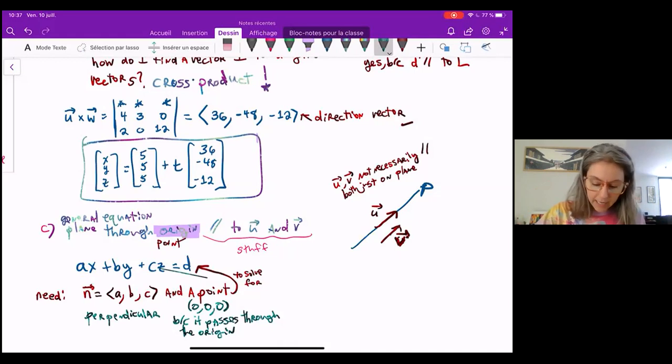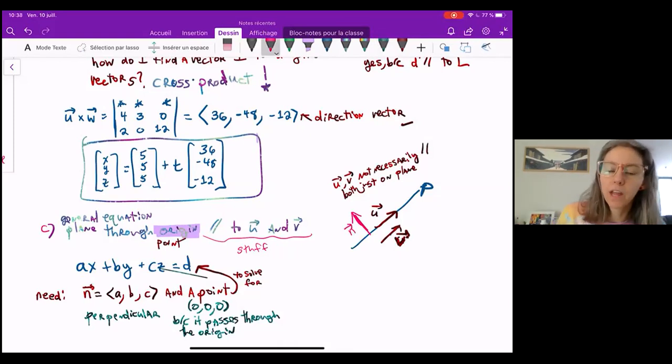Okay, so what I need is my normal vector, my perpendicular vector. I need a vector here that's perpendicular to the plane. Look at my picture. How am I going to find N given U and V? I want you to think about what we did in the last question.